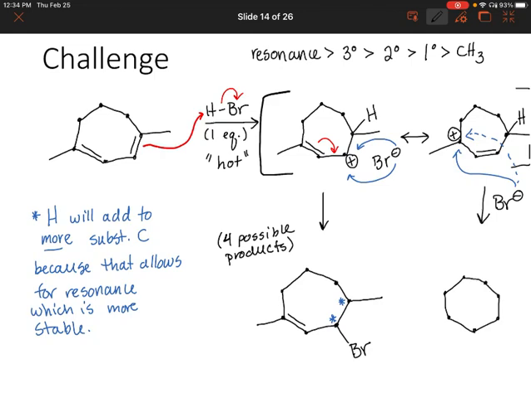So what about this molecule? Are there more than one stereocenters? Yes. So we have a stereocenter where bromine added, and then the other carbon with a methyl group is also a stereocenter. So again, this could produce four possible products.